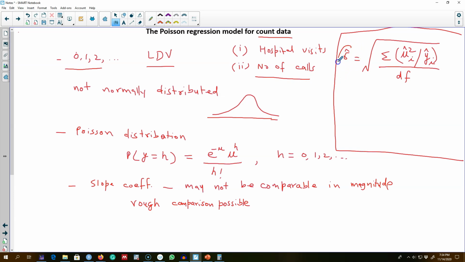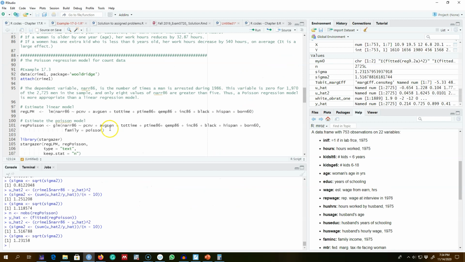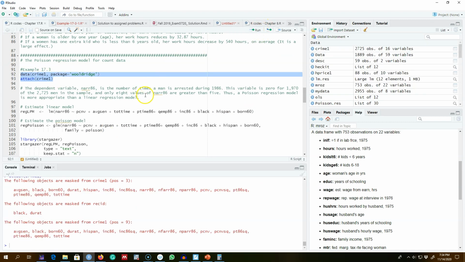In the example that I'm going to show you next, I will show you how to correct each standard error using this formula. Okay, so in this example, I'm going to show this crime 1 data set, and we can look at the summary statistics to know that the number of arrests in 1986 is 0 for almost 2,000 observations out of about 2,700 observations.